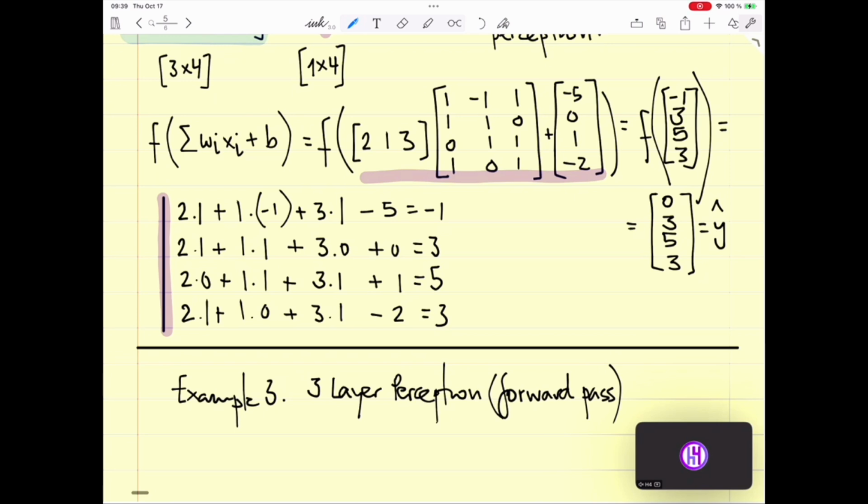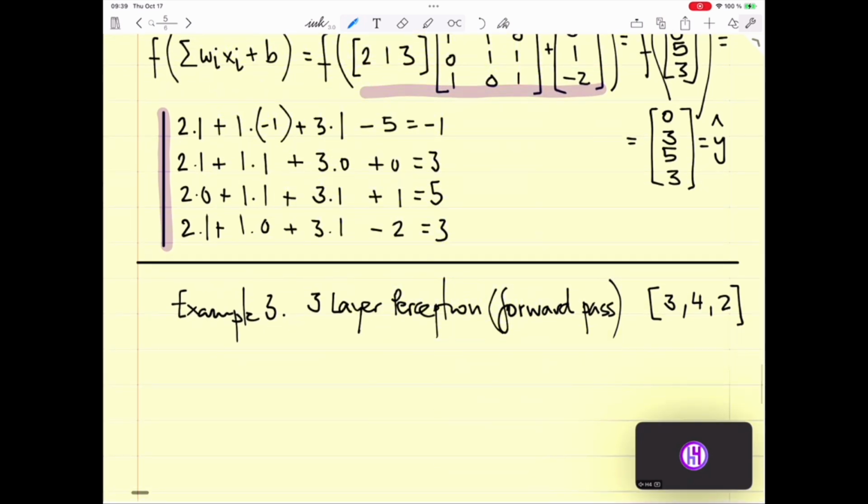And the 3 layers are 3 neurons, 4 neurons, 2 neurons. Okay? So this is the way to put it in the nomenclature. So now I go a little bit faster, as you can imagine.